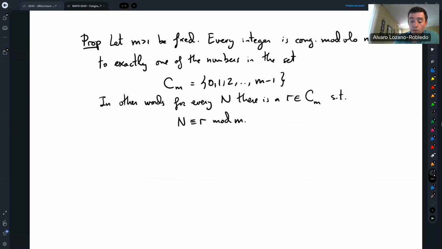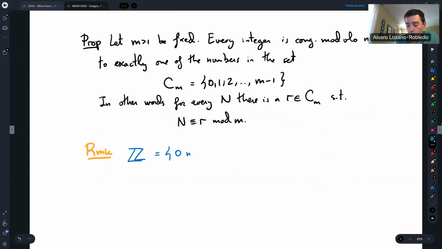So equivalently, by the way, what this says is, let me write it as a remark. What this is saying is that the integers are broken into these classes modulo m. So every integer is either 0 modulo m or 1 modulo m.